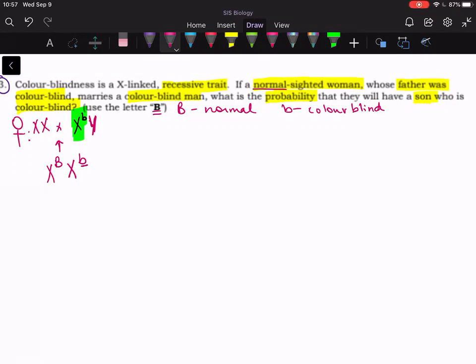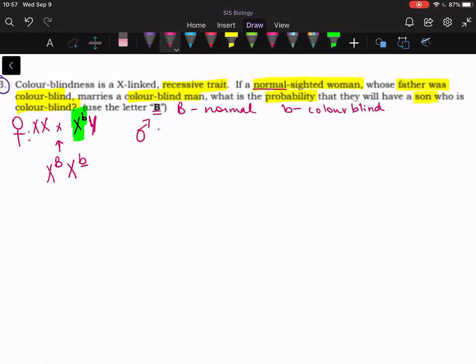So I'm going to repeat that again. Because the father is colorblind, she has to inherit or be a carrier for the colorblind gene because the father only has one X chromosome that he's able to donate.